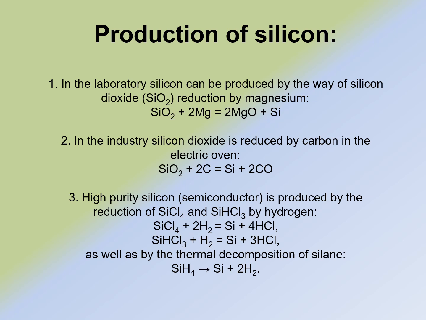But the most pure silicon is formed by the decomposition of so-called silanes, compounds of silicon and hydrogen. However, this procedure should be made in the absence of oxygen. Otherwise, there will be SiO2 and not silicon.